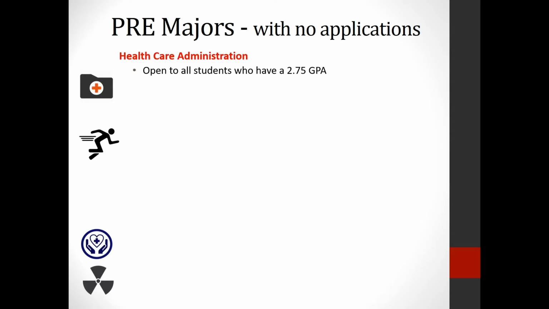As of fall 2020, the full major is open to all students who have a 2.75 GPA and have completed college algebra, HCA 175, or the Introductory Healthcare Administration course, and an introductory psychology, sociology, or economics course with a grade of a C or higher.